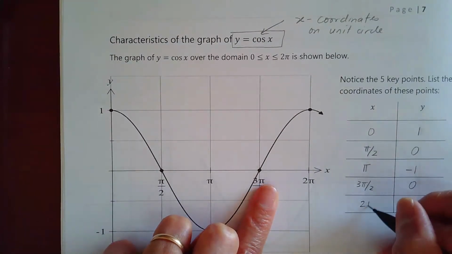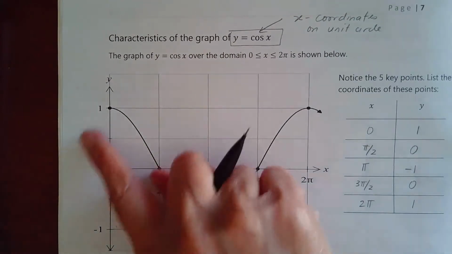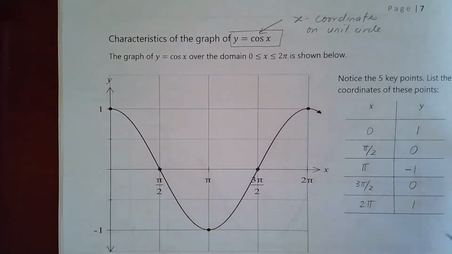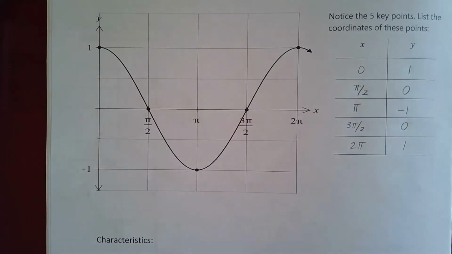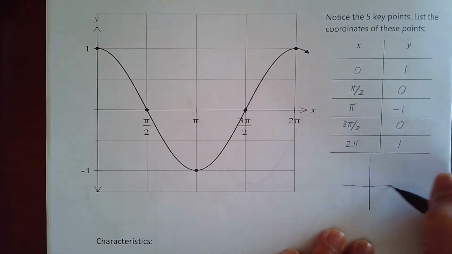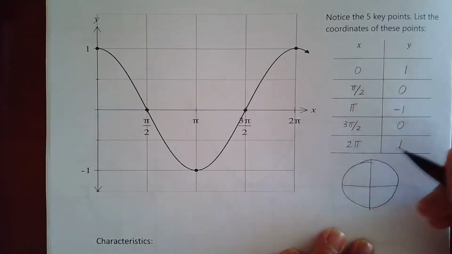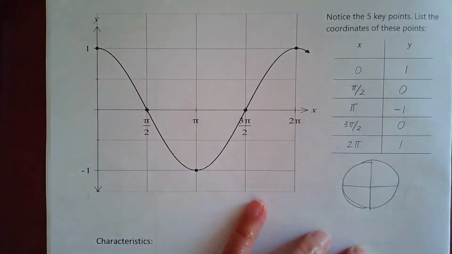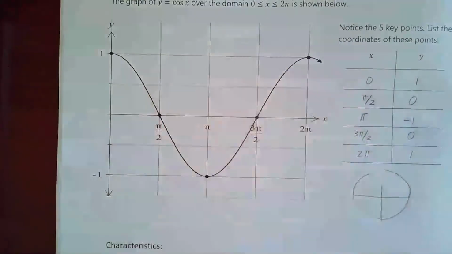And then 2 pi is back at 1. Okay. So how do I remember this? What works for me is visualizing a unit circle. We've seen the unit circle so many times last unit. You can see what that one looks like.